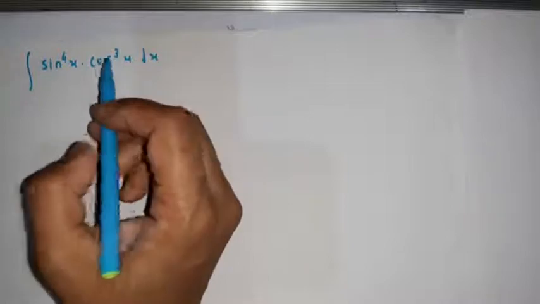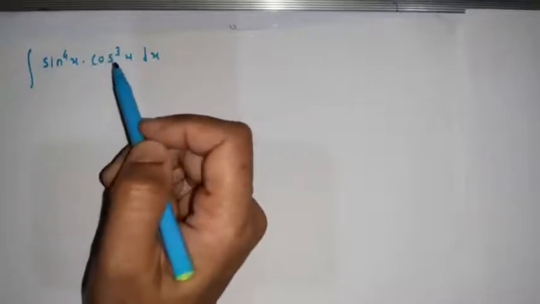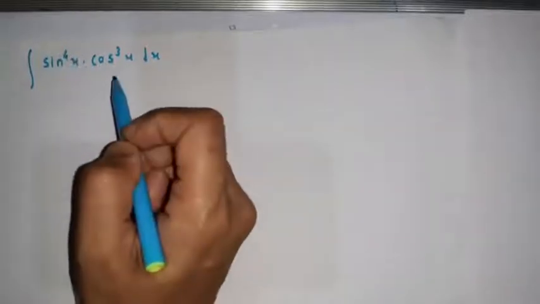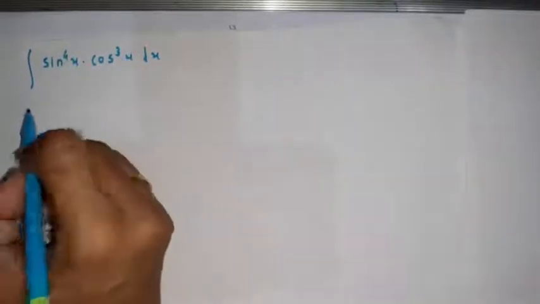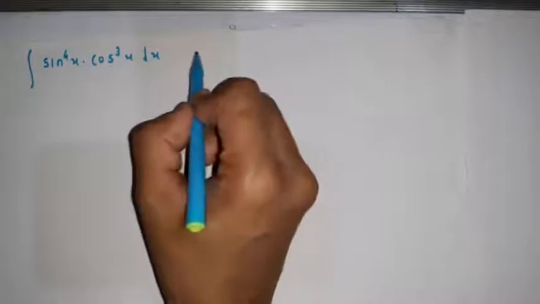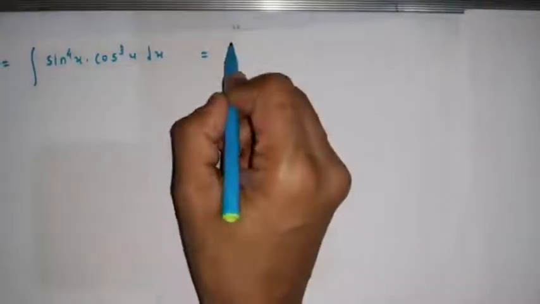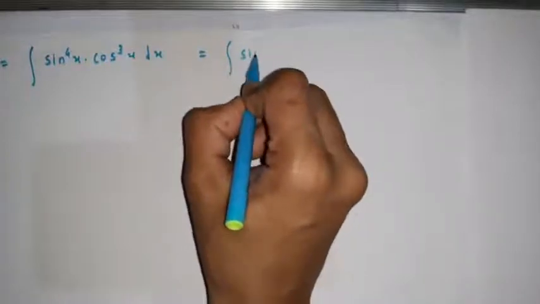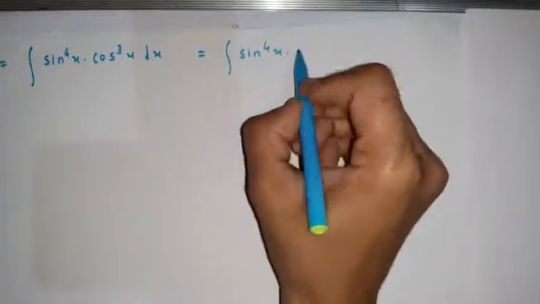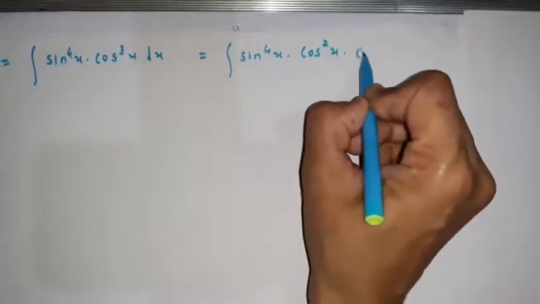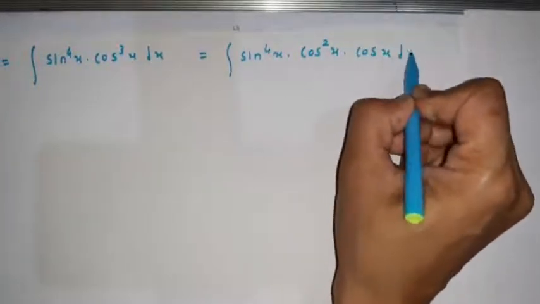By substitution we can solve the problem, but before going to substitution there is adjustment students. So see here, suppose I equal to sine raised to 4x cos cube x, we can write that as cos square of x into cos x with respect to x.